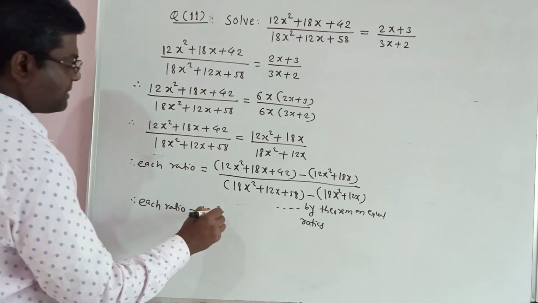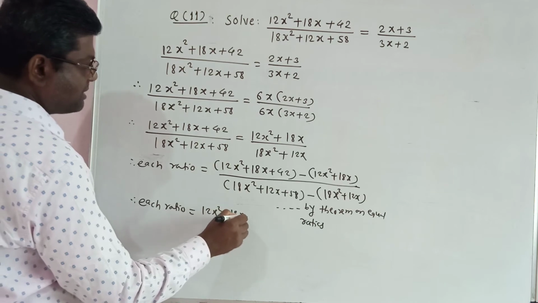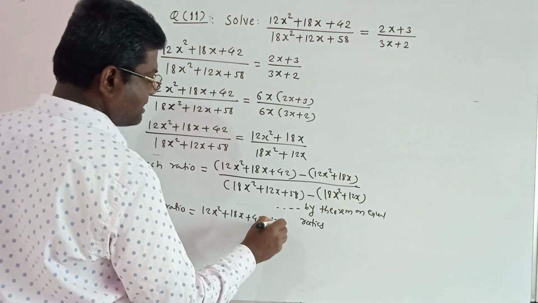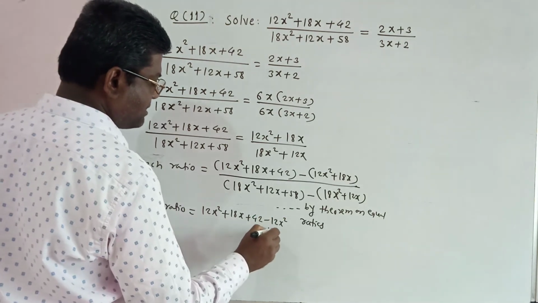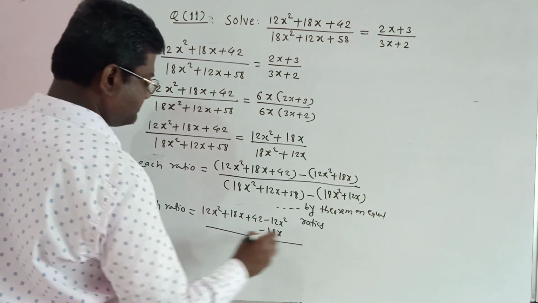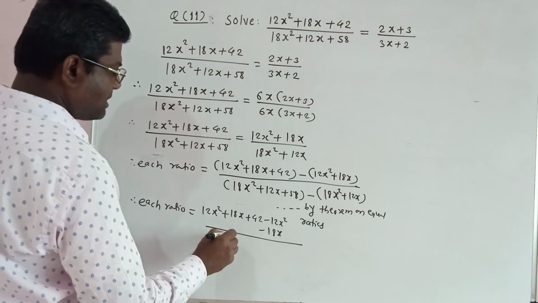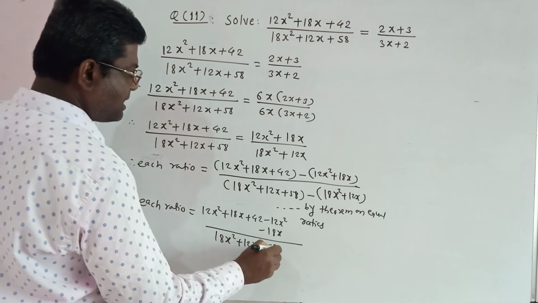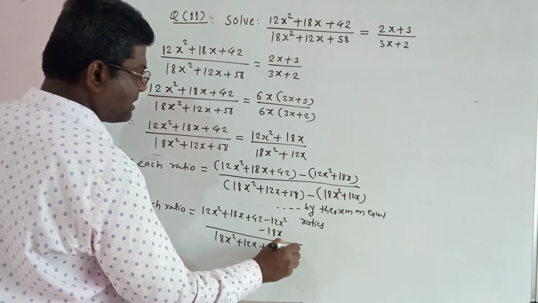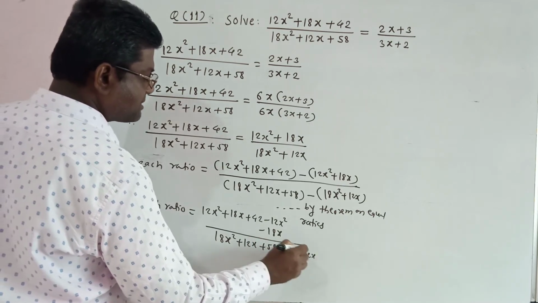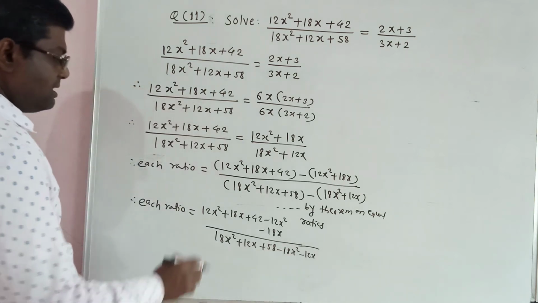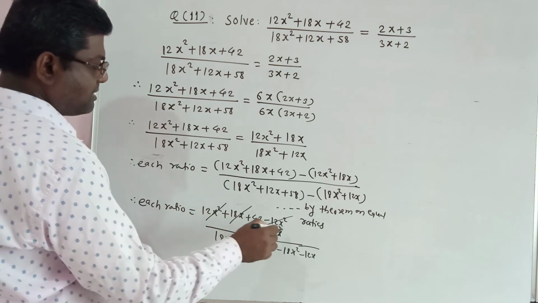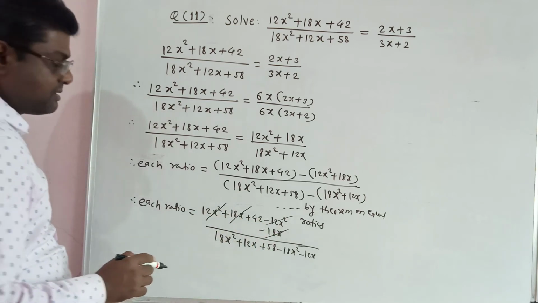(12x² + 18x + 42 − 12x² − 18x) upon (18x² + 12x + 58 − 18x² − 12x). This 12x² and minus 12x² cancel, plus 18x minus 18x cancel.